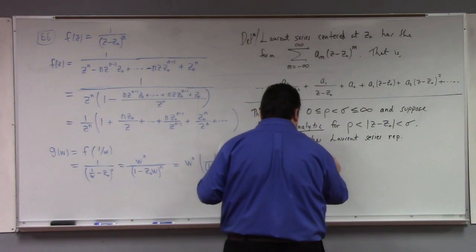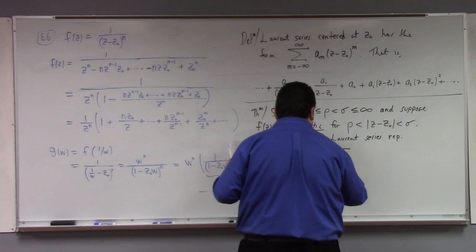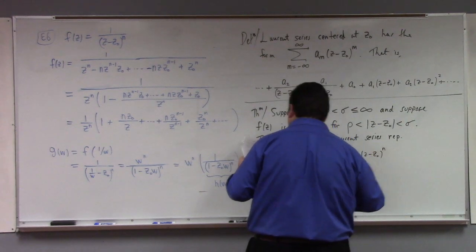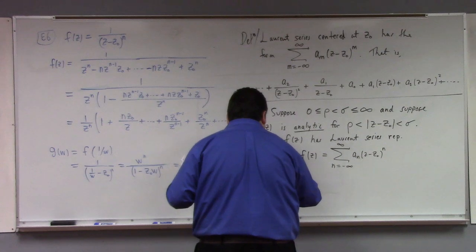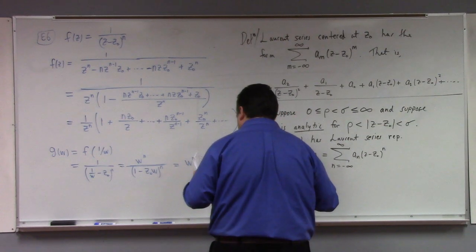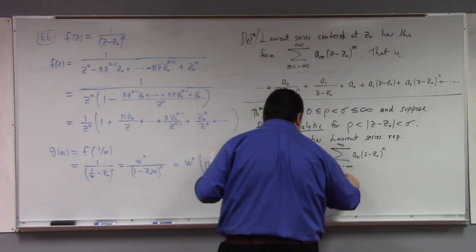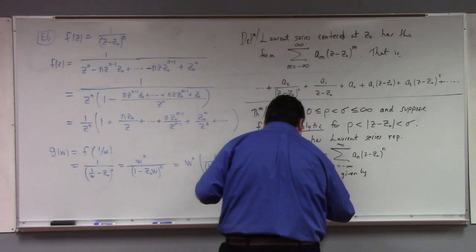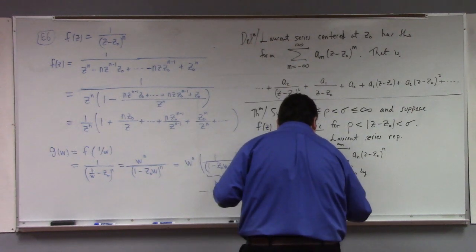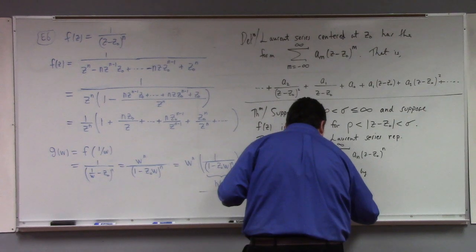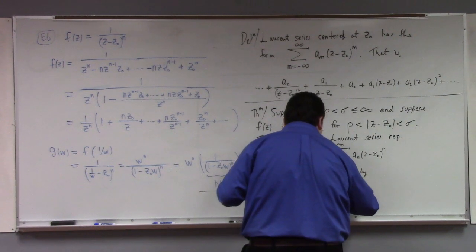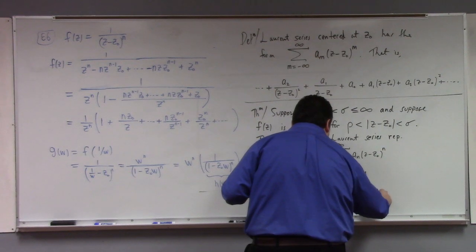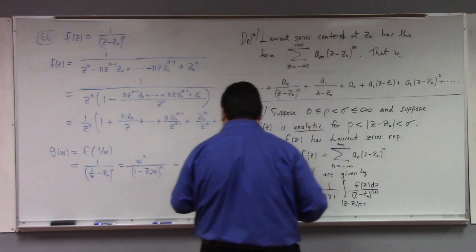f of z is equal to the sum, n equals minus infinity to infinity, of a sub n times z minus z naught to the power n, where the coefficients are given by a sub n equals 1 over 2 pi i times the integral around the circle centered at z naught of radius r of f of z over z minus z naught to the power n plus 1 dz.